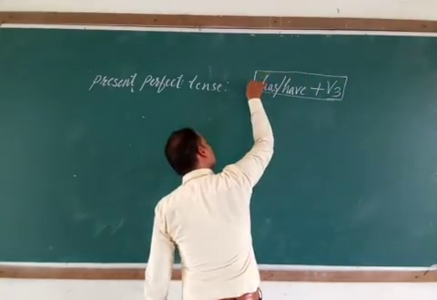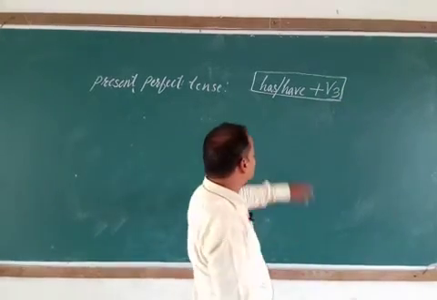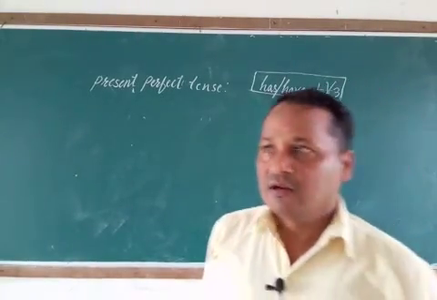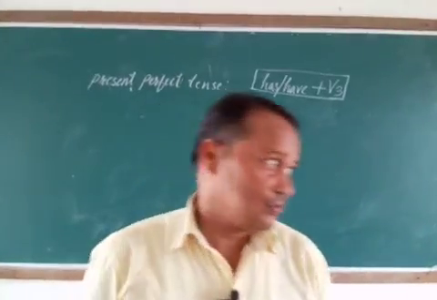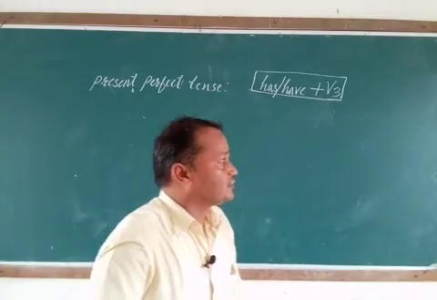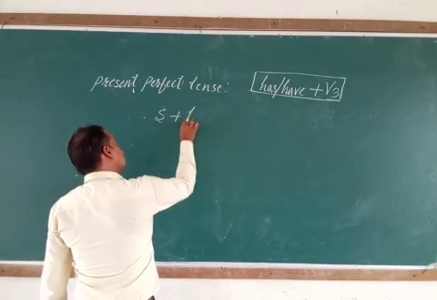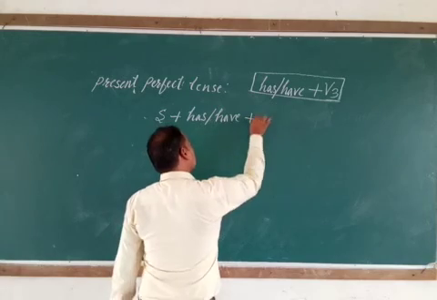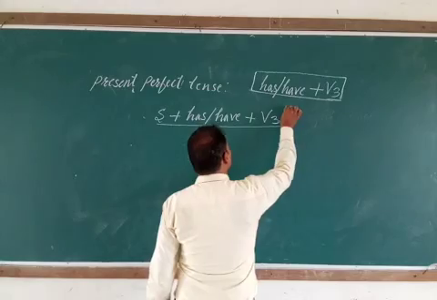You must remember one thing whenever the name present perfect comes to your mind: has, have plus verb third form. If you want to use present perfect tense, you will always use has, have plus verb third form. So the structure would be subject plus has, have plus third form of the verb, and that is a very simple structure.